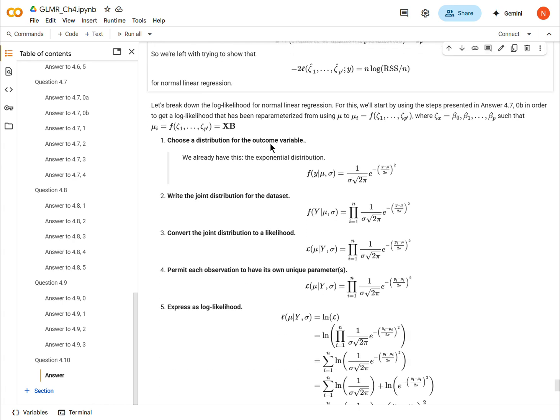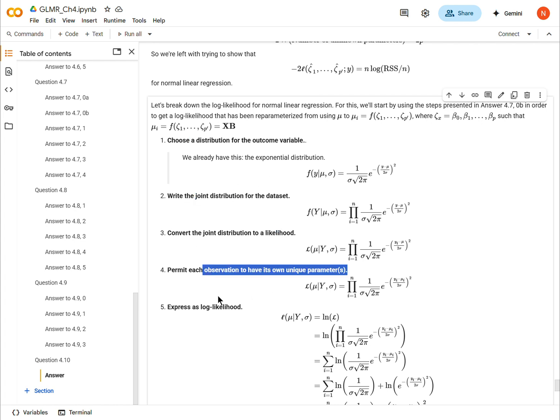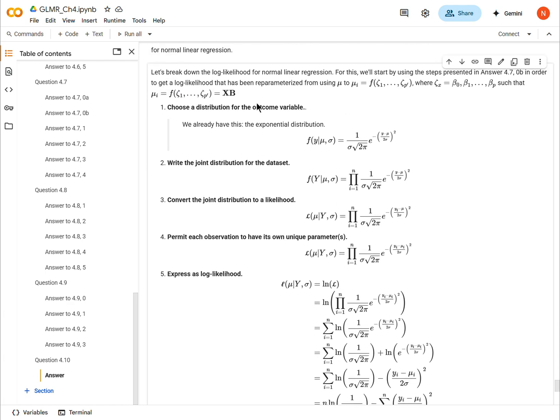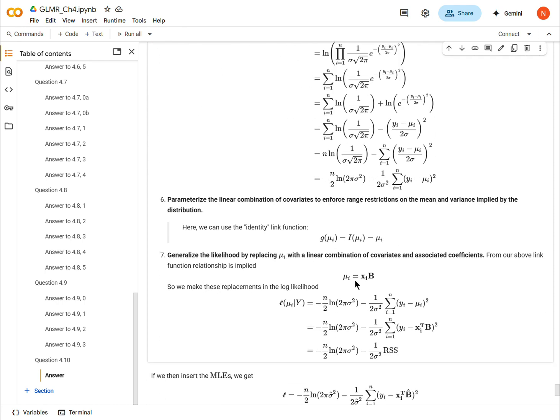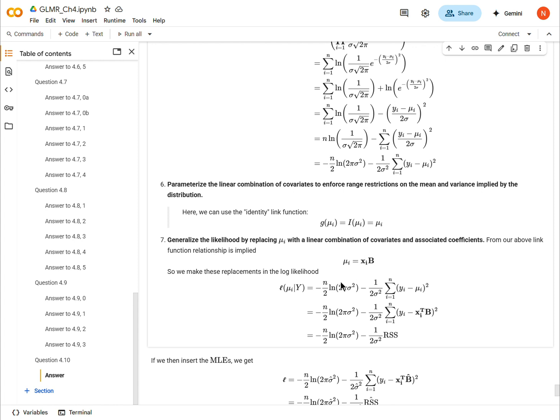I'll let you rewatch those videos, where I go through the steps in a little bit more depth and detail. But the important thing here is that the log likelihood comes out to be this right here.